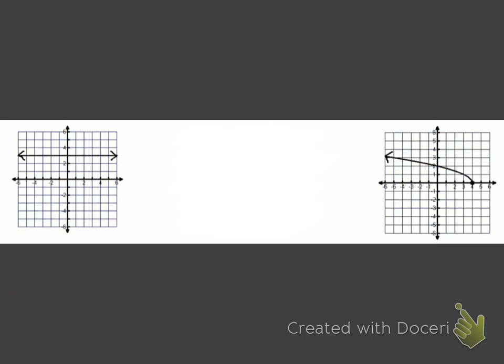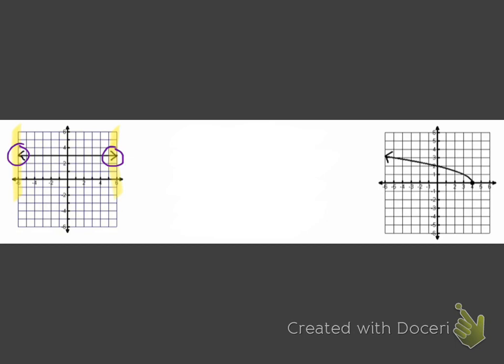For this first one, we have a straight line going left to right. So if we want to find all of the x values that this graph spans, we see that our arrows continue past our box.